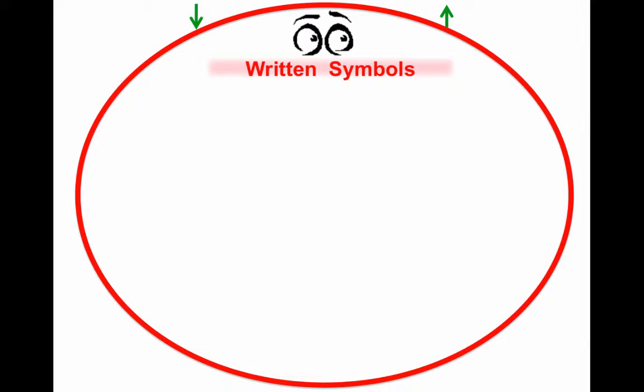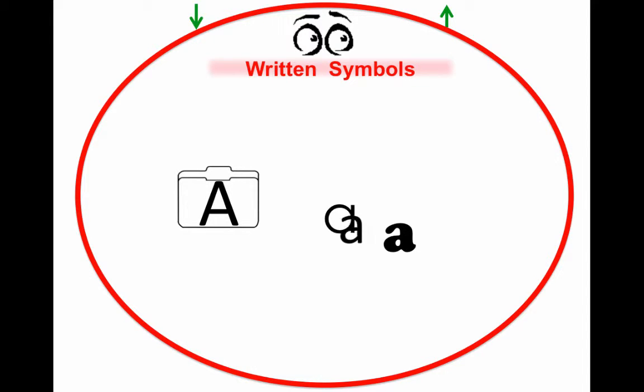As we observe written symbols, we learn to recognize the various fonts and sizes of the letters and know that they still fall into the same category, even though they are not exactly the same. We learn the labels or the names of the letters, such as the letter A. We learn that there are upper and lowercase letters, and learn which ones are which, and which ones go together.